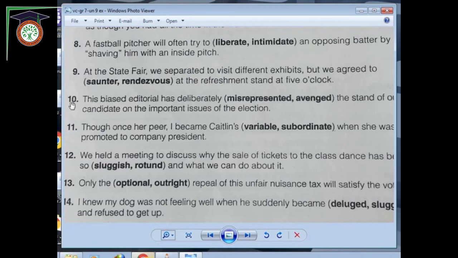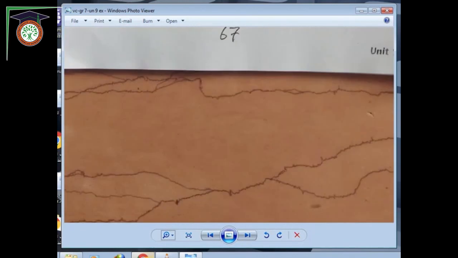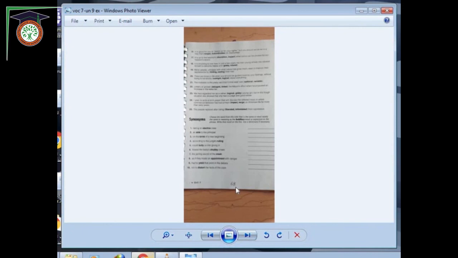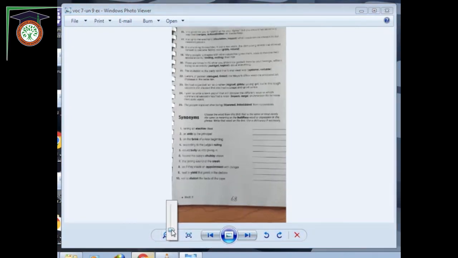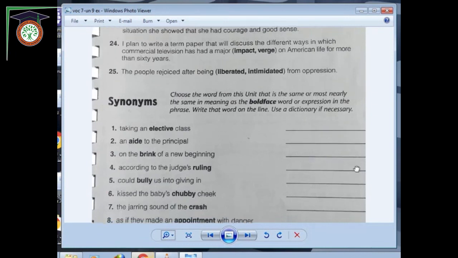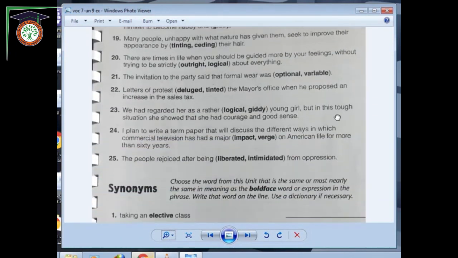Alright, this is till number 10. The rest will be homework, till number 20, 25, the end of the exercise. So to give you the whole picture of it, this is till number 25.